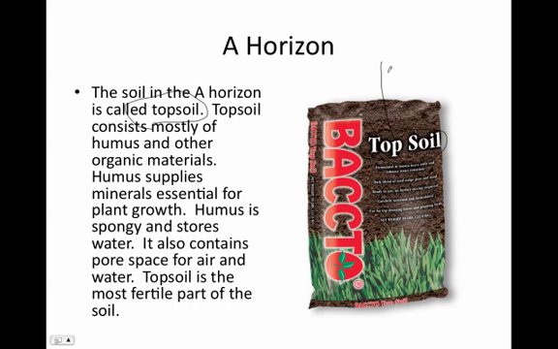Remember, healthy soil has lots of room for air and water, and topsoil has just the right particle size to allow that. And then you can add organic waste or humus to it. Topsoil is spongy and it will store and hold lots of good water.